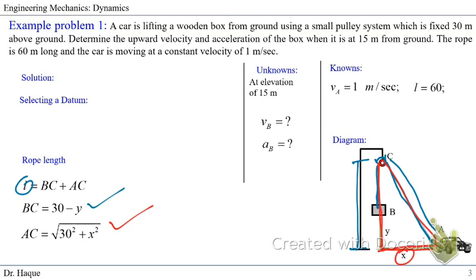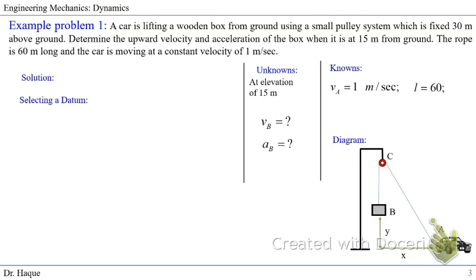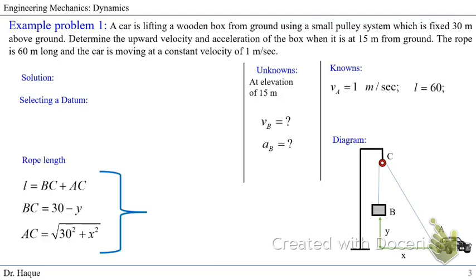Now let's plug these two back into the equation. If we plug them back, we get this equation, where L is 60, and we plug in the values of BC and AC. So this is the equation we're going to use.